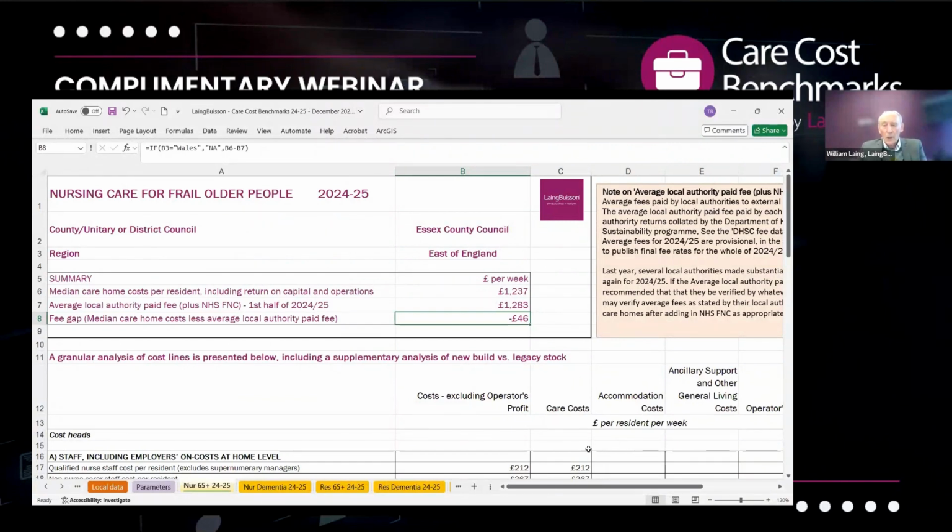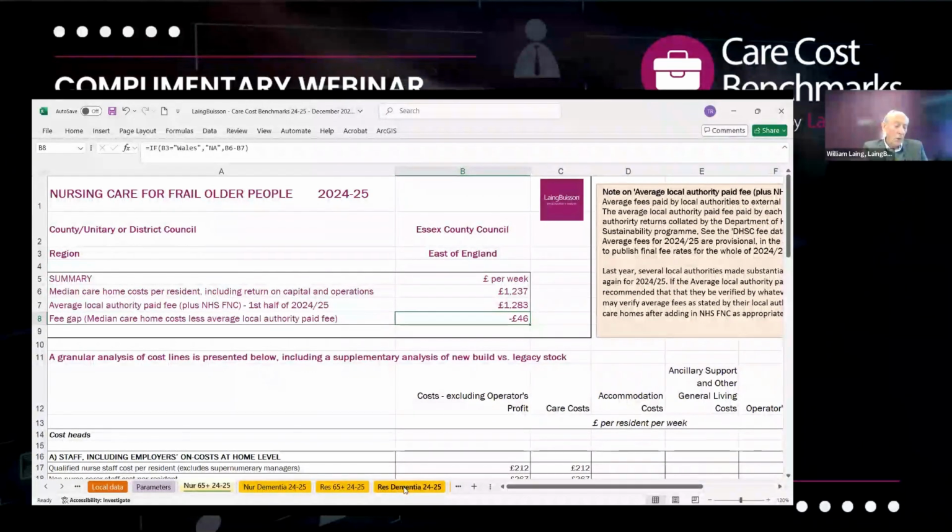What I'd also like to draw your attention to, this is really quite important, and it harks back to the original slide I was showing, is the health warning here. Because we believe, in fact we are pretty certain, that some local authorities, not all, but some, have overstated the fee level that they're actually paying.